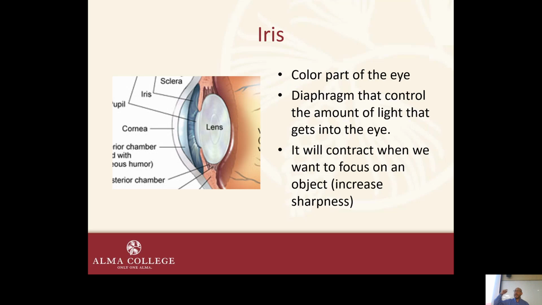We have the iris. The iris is the colored part that we see in our eye. It has different functions. First of all, we have an involuntary reflex on the iris. Depending on the amount of light being shined into our eye, the iris is going to contract or dilate.